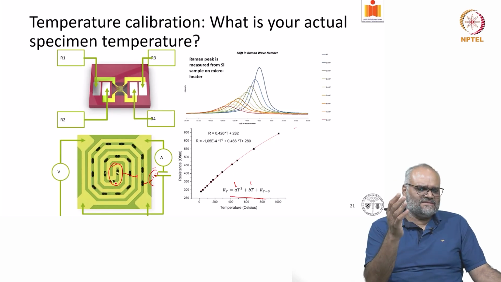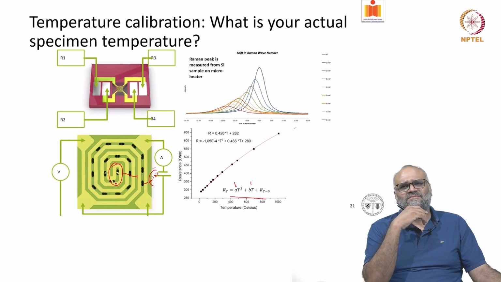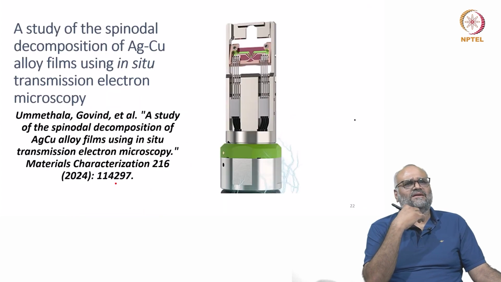Now this is a case for a bulk FIB specimen, and we've done some interesting studies looking at sputtered thin films as well, where we looked at the spinodal decomposition problem in silver copper thin films.